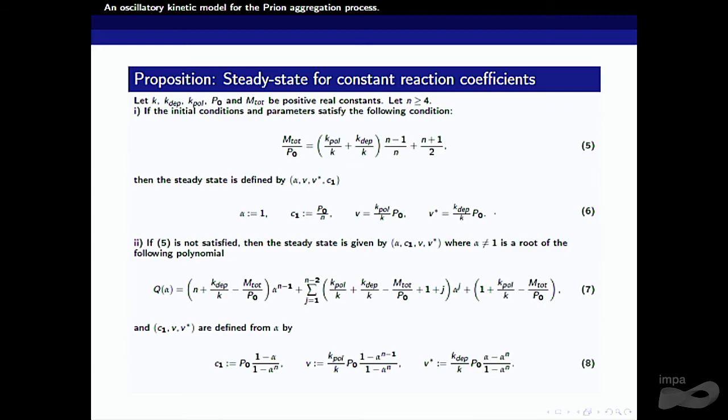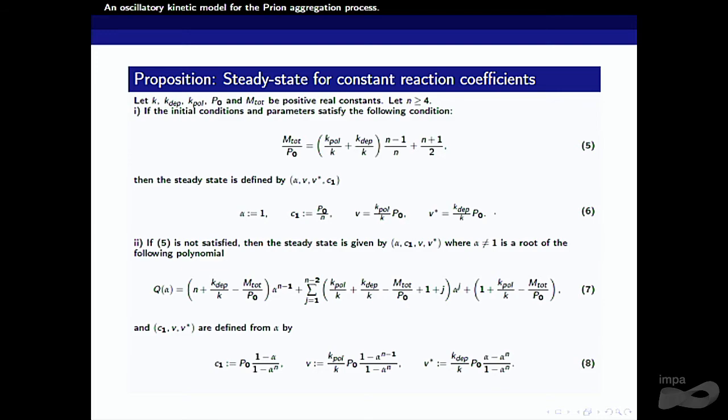The thing is, we just need to get a closed formula for C1, V, and V star, since we can express all the Ci with the alpha and C1. But this is actually a really strict condition. It means the size distribution initially is centered on the middle, on n over 2.